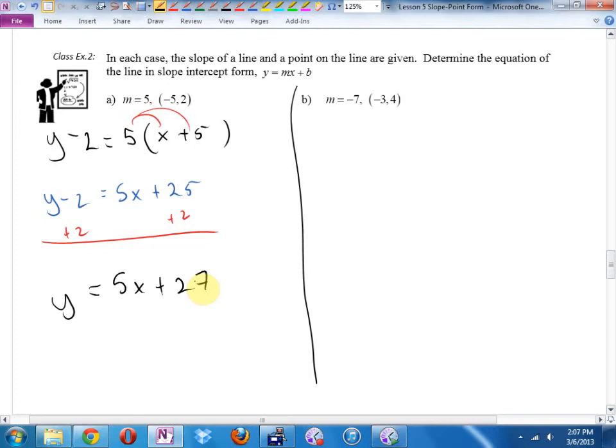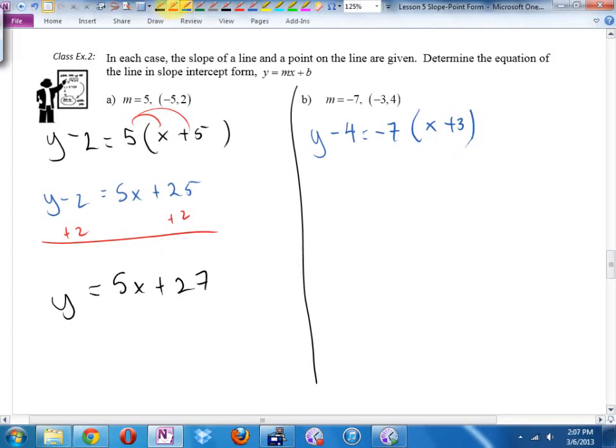B. Y minus 4 negative 7 bracket x. Any fractions to clear? Nope. Expand.